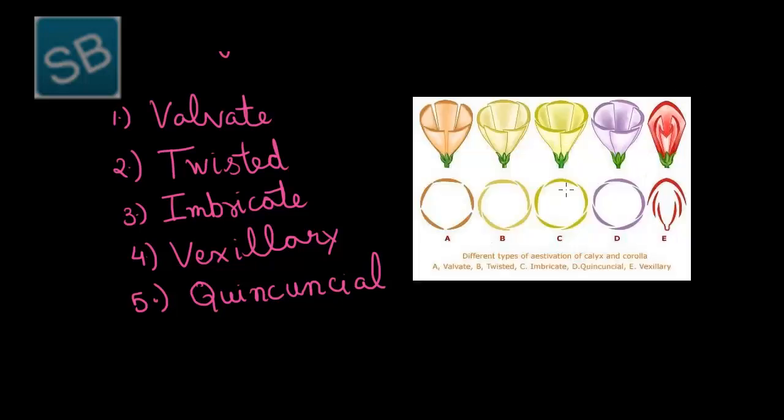This figure depicts the various types of aestivation in a flower. So let us understand beginning with the valvate, that is first type of aestivation.